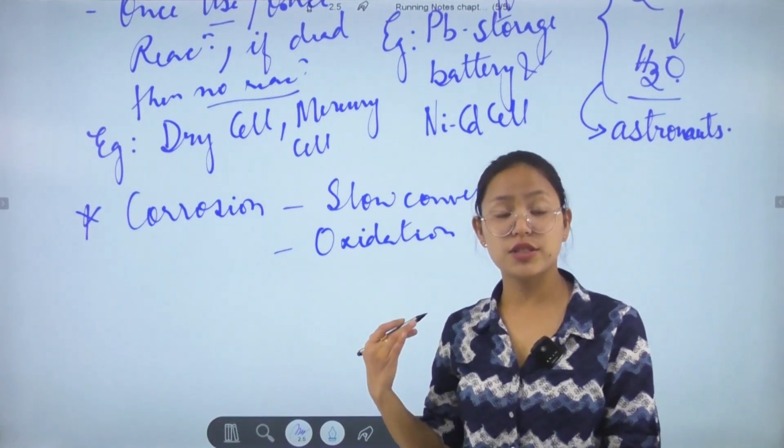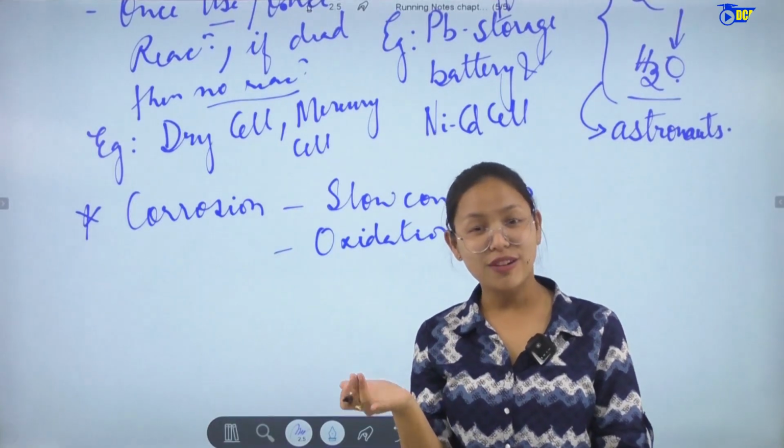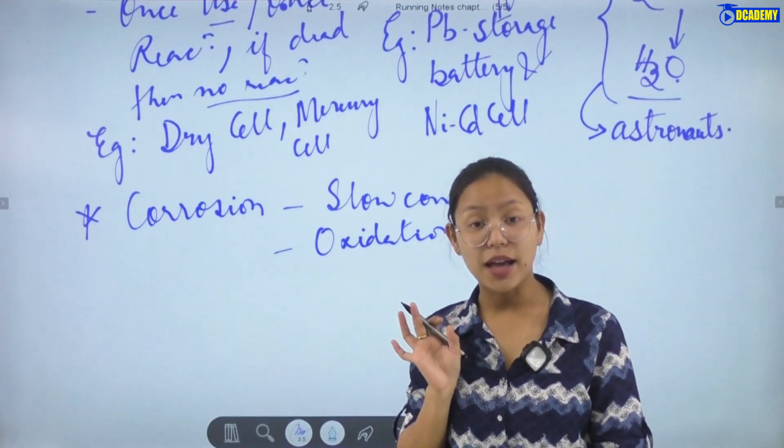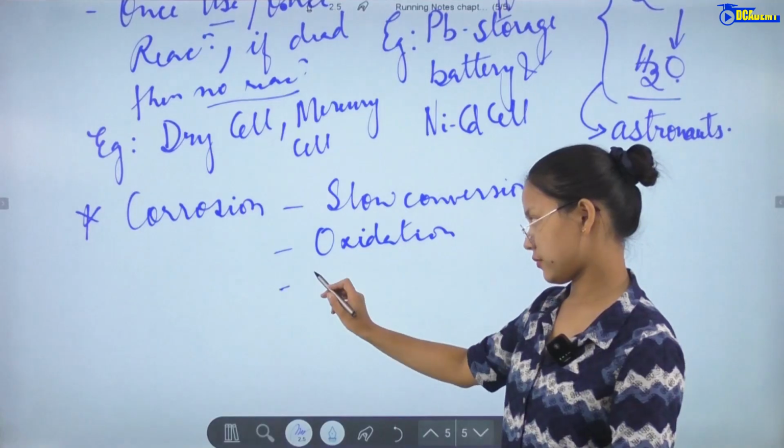Then if it is an oxidation reaction, then it is also a type of combustion reaction, since it involves a reaction with oxygen. So this corrosion is also a type of combustion reaction.